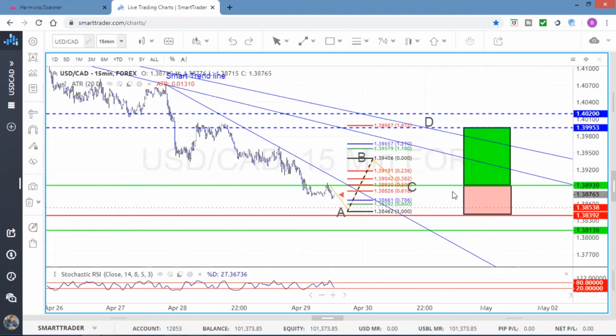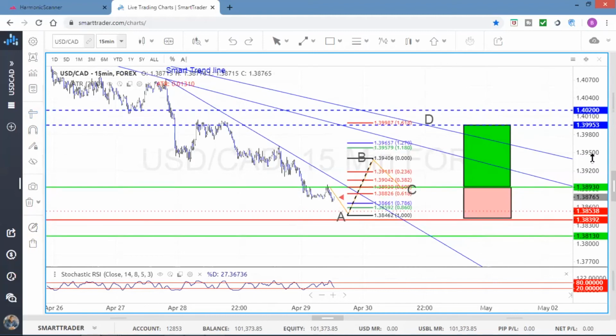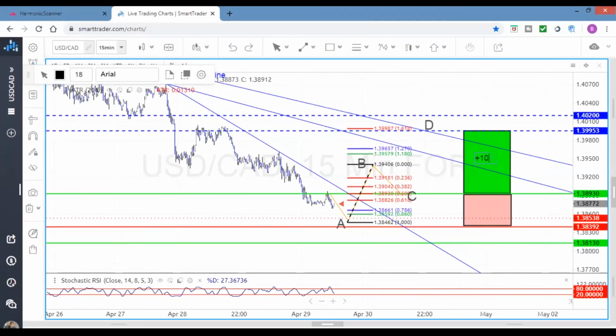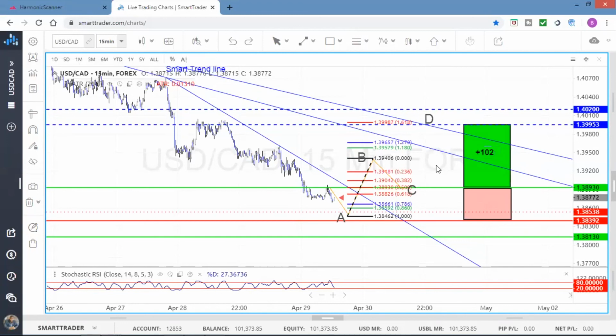But this is the setup that we look for. So you can see, so what was this, 100? So we mark this up like so. That's 102 pips, say, okay. So we're looking at plus 102. So if any of you have watched my videos or you see my markups that I post on Facebook, you now see exactly what I'm doing.